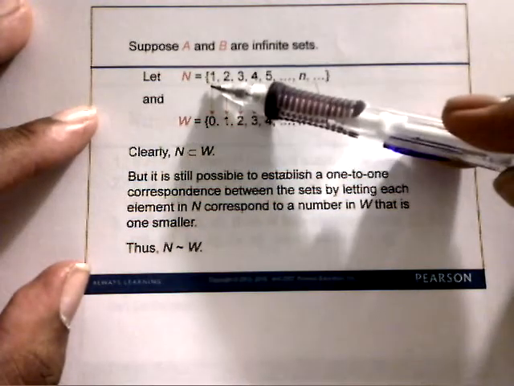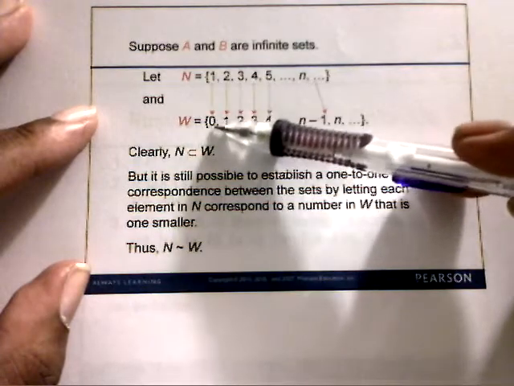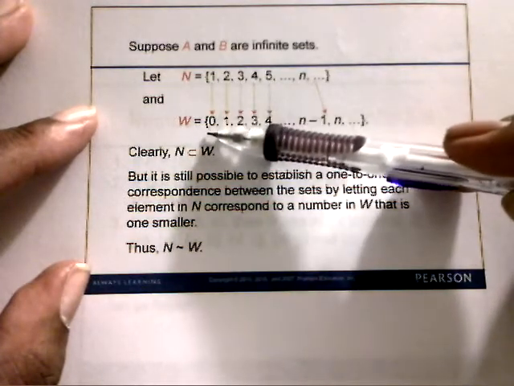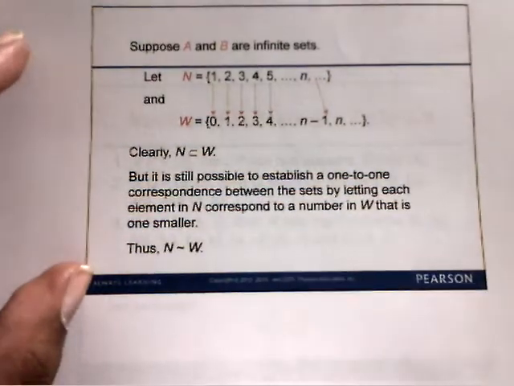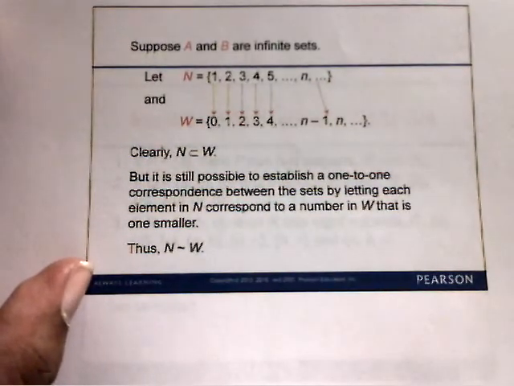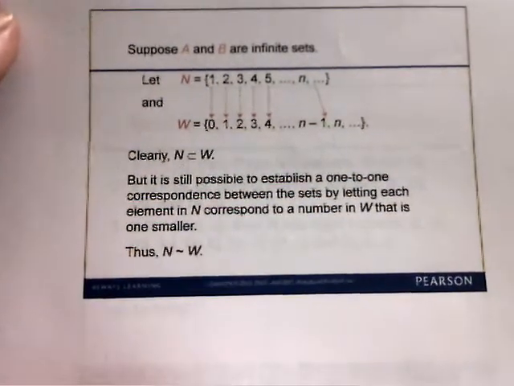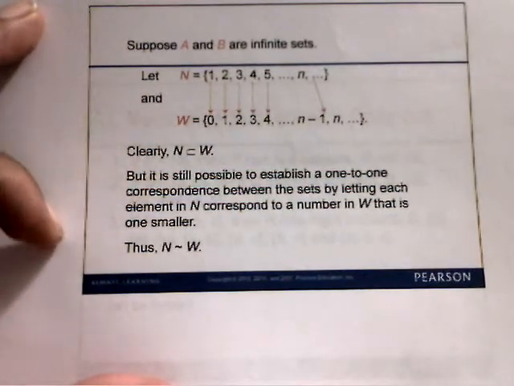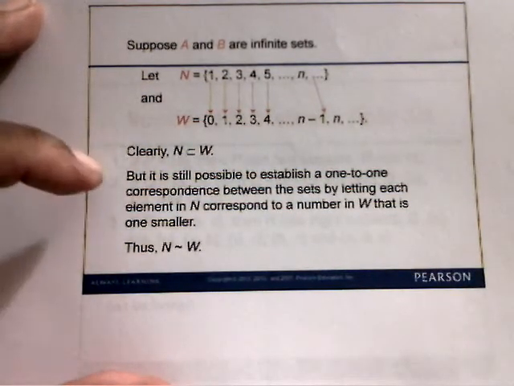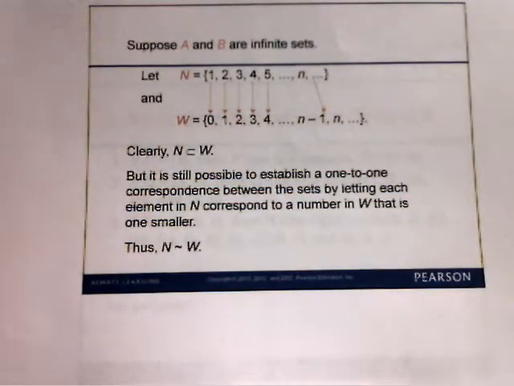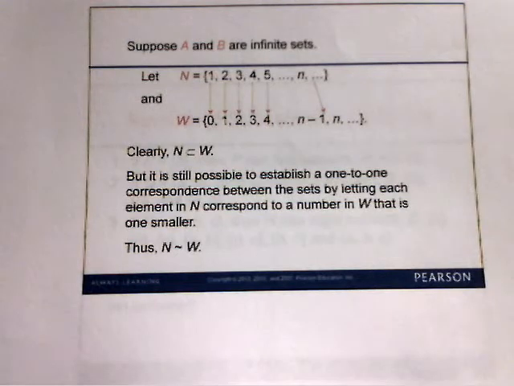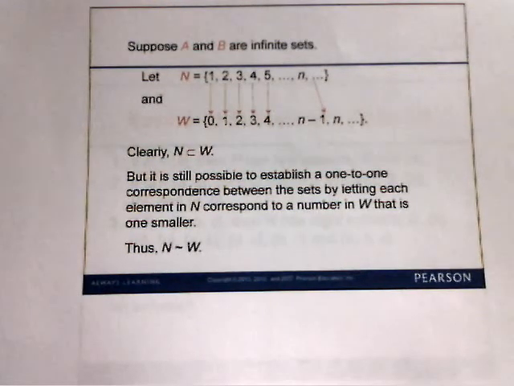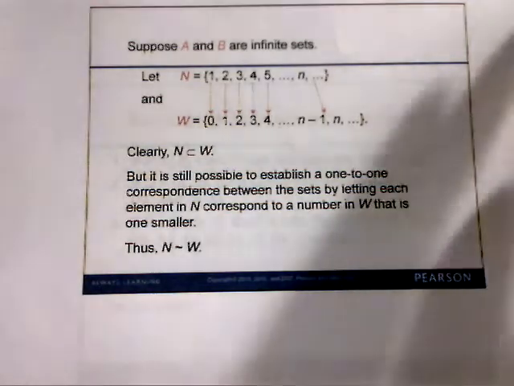Because 0 is not in set N. There is only one element in set W that is not in N. But it is still possible to establish a one-to-one correspondence between the sets by letting each element in N correspond to the number in W that is 1 smaller. It is possible to do a one-to-one correspondence. In set W, it will have to be 1 less. And in this case, N is equivalent to W.